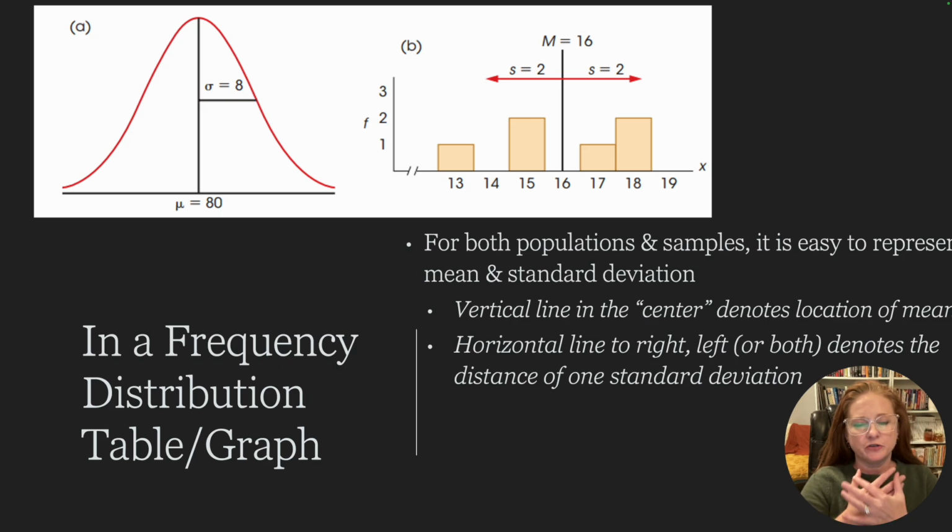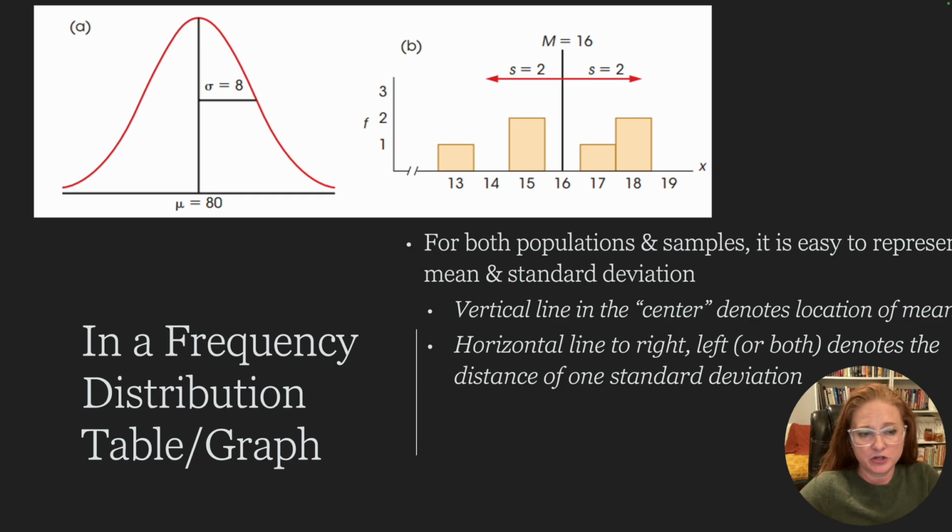Okay? So if my score was 80, my deviation is 0 because I am perfectly average. I don't deviate anything from the average. If I deviate one standard deviation above the mean, I have a score of 88.